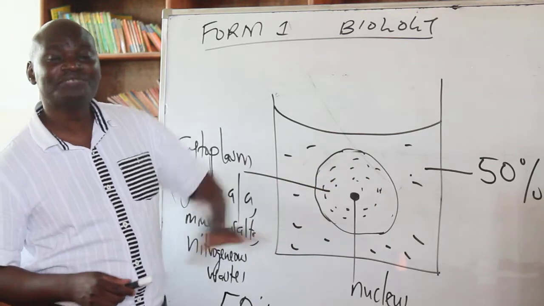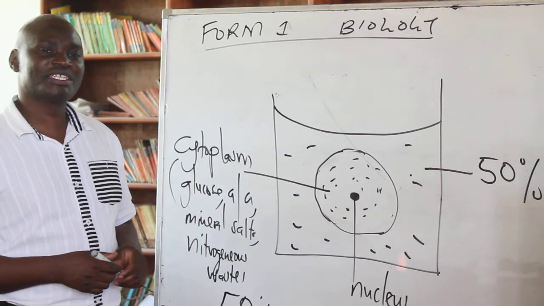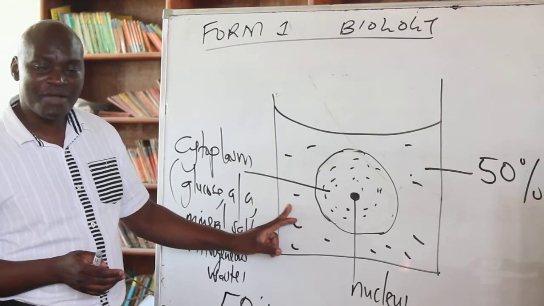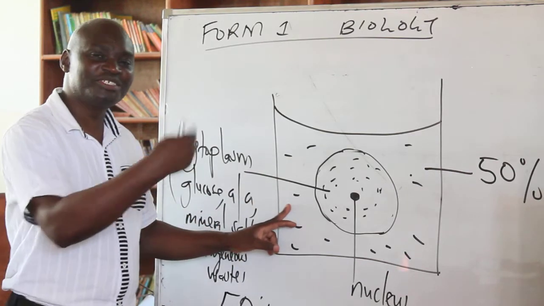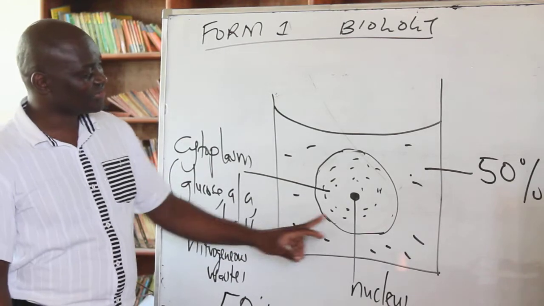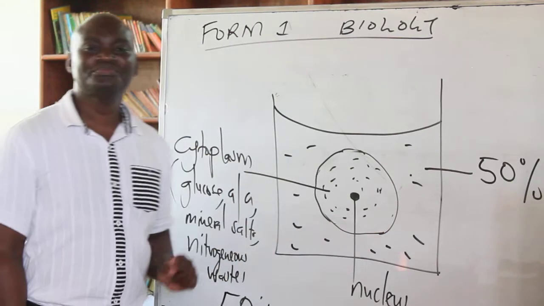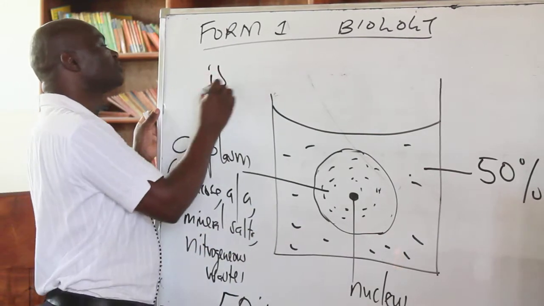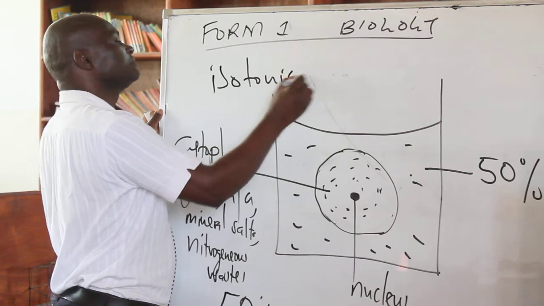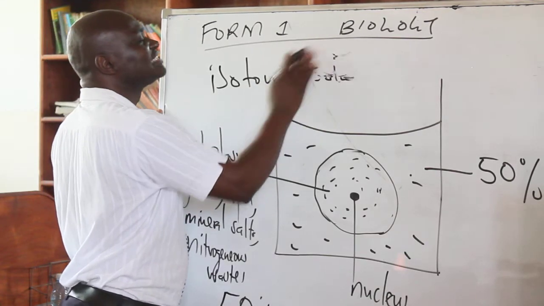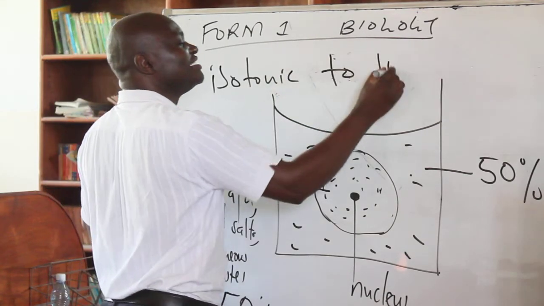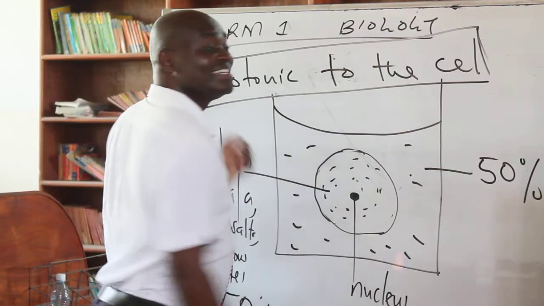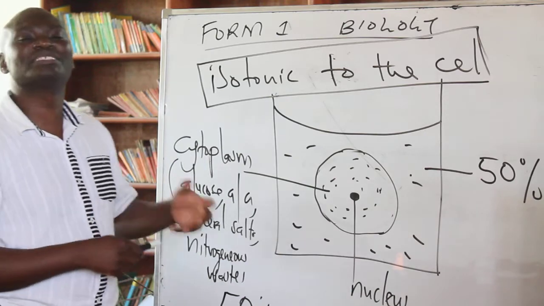Inside the cell is 50%. So what do we say? We say that the solution here, which we have, is isotonic to the cell cytoplasm. It is isotonic to the cell, meaning of the same concentration.